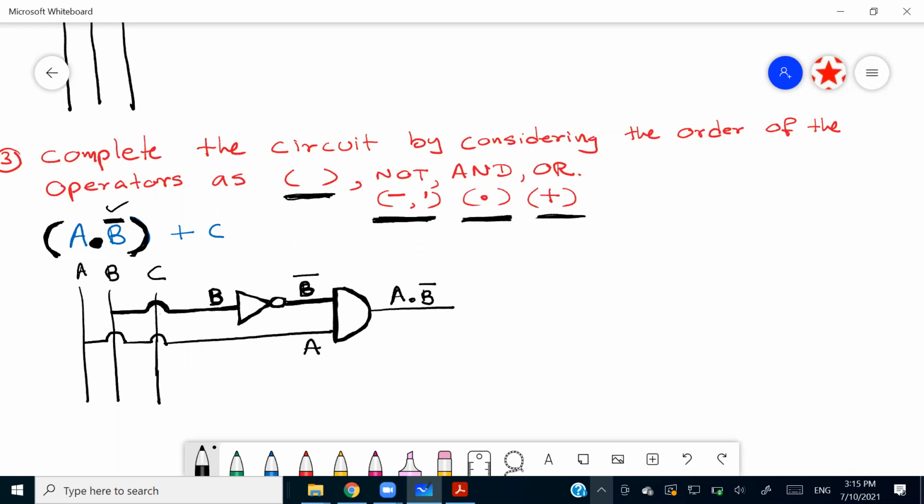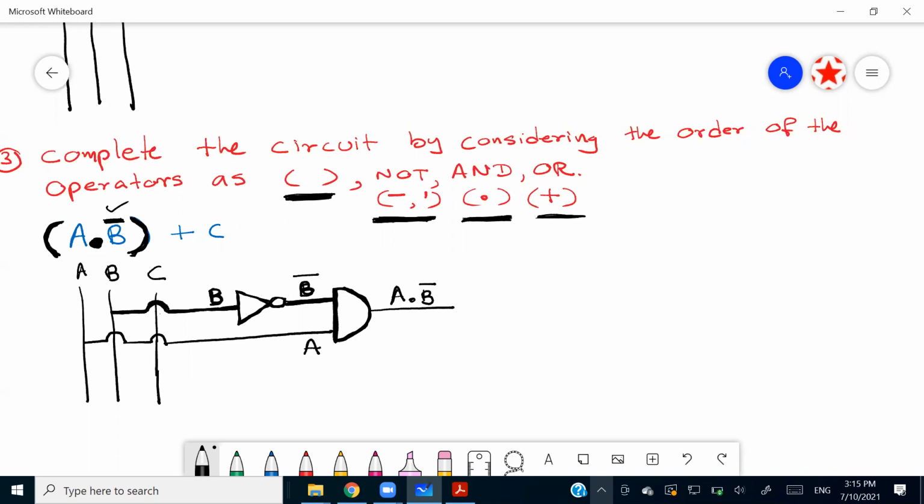I think you have a misconception, like we are drawing a gate for a variable. C has an operator that is outside the bracket. So first we have to finish the things inside the bracket.